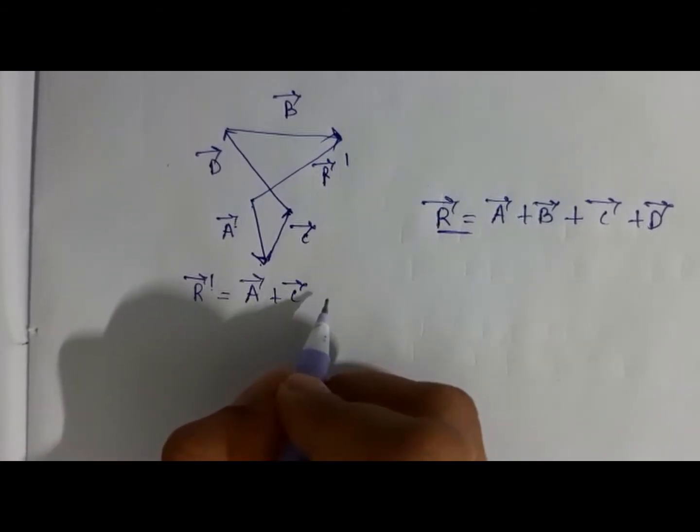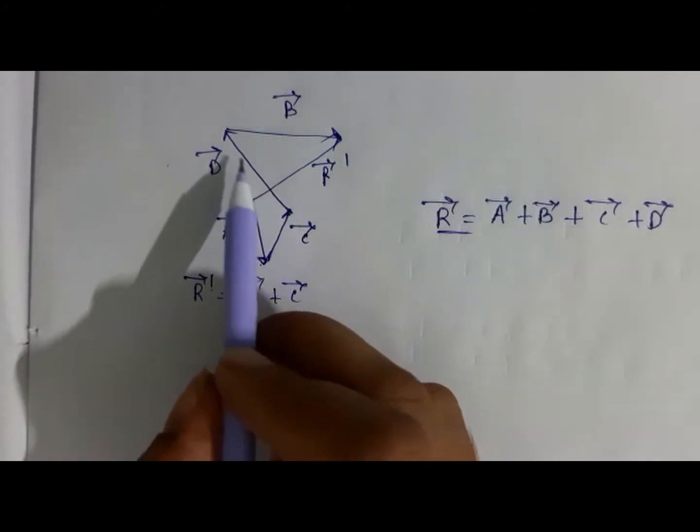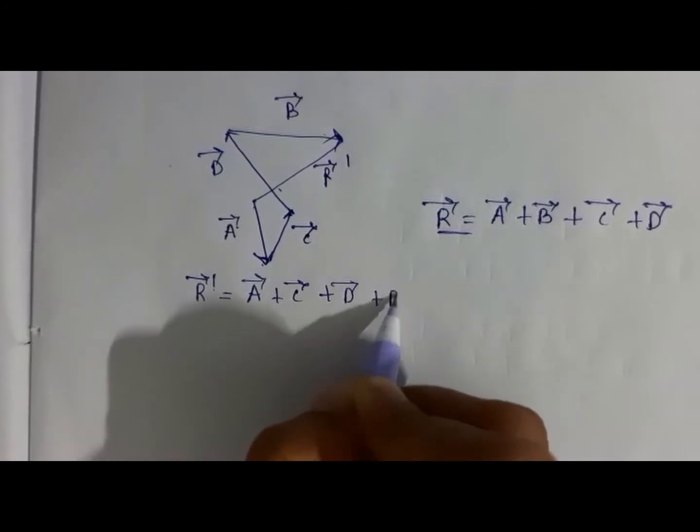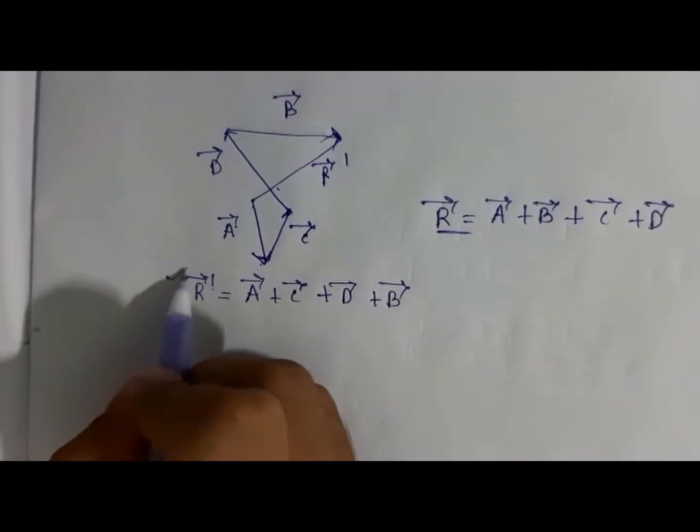Then D and B. Here you have D and B, just add D and B and you get the sum as this.